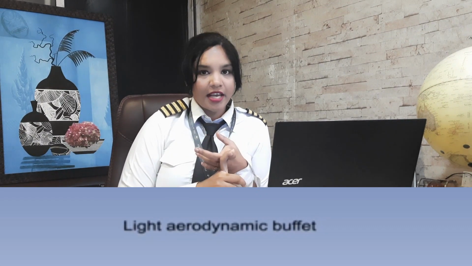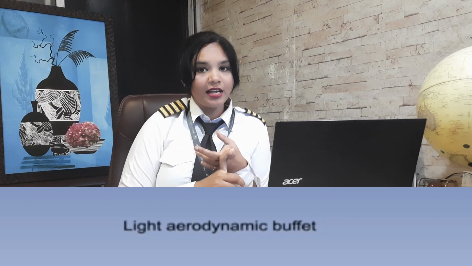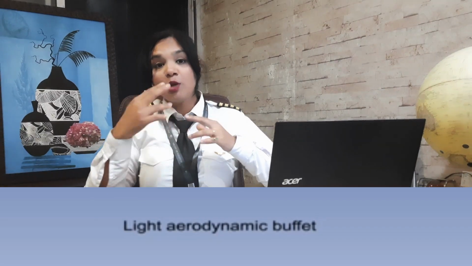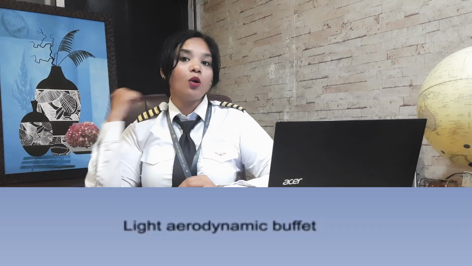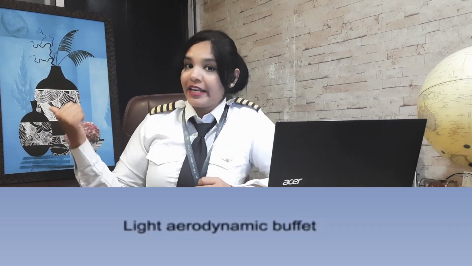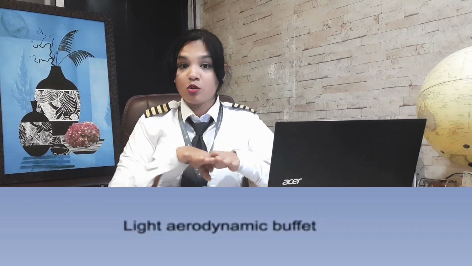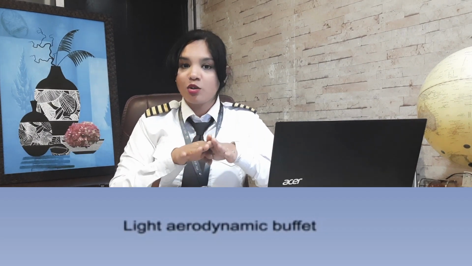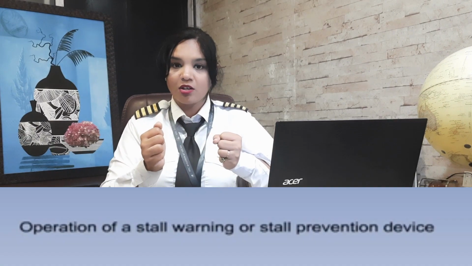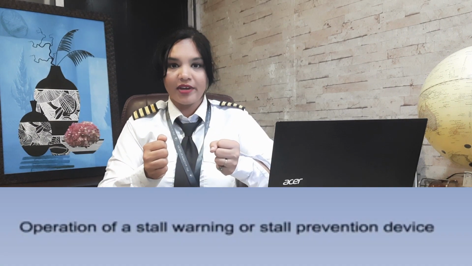Then light aerodynamic buffet. Light aerodynamic buffet means the turbulent airflow over the wing close to the stall will hit your elevator, and the elevator will start to move, giving a light buffet on your control. Your control surface will be moving lightly like this.